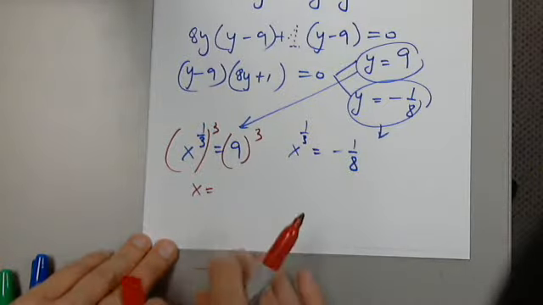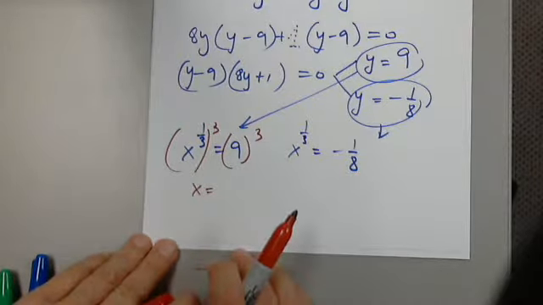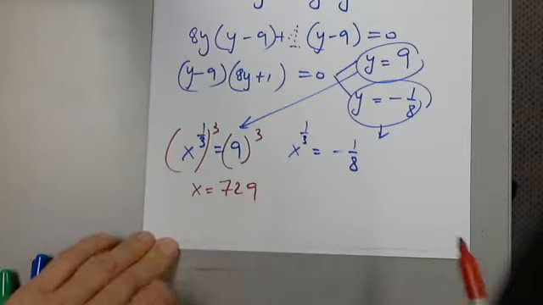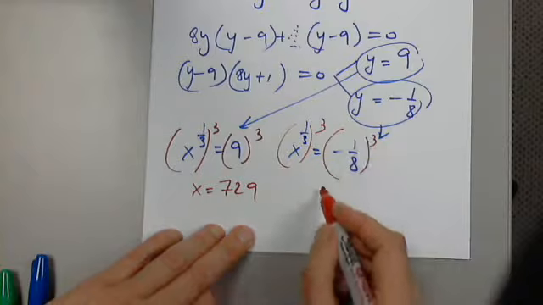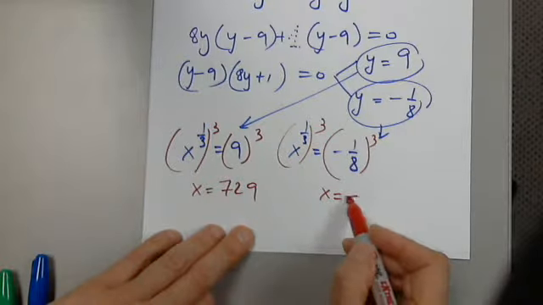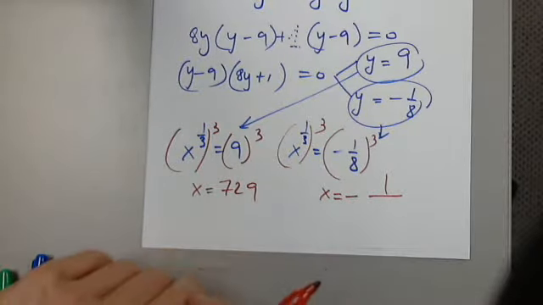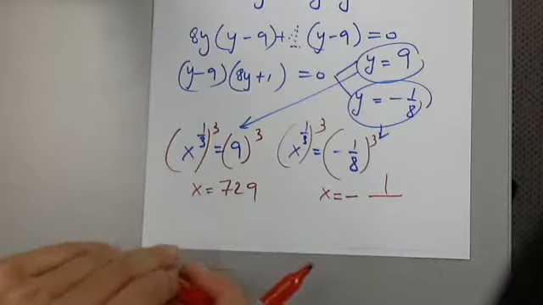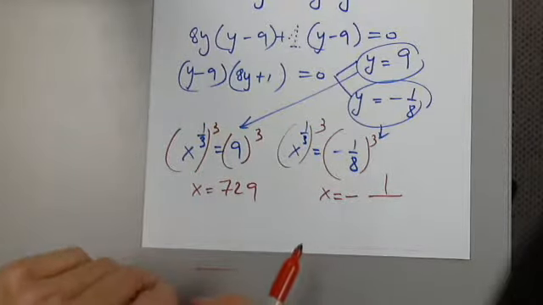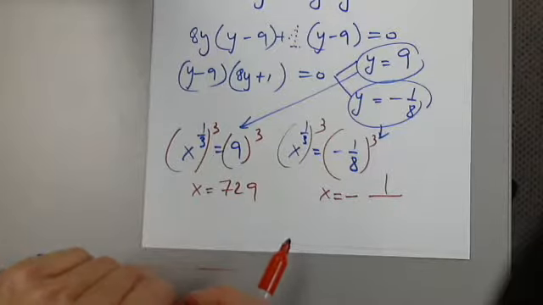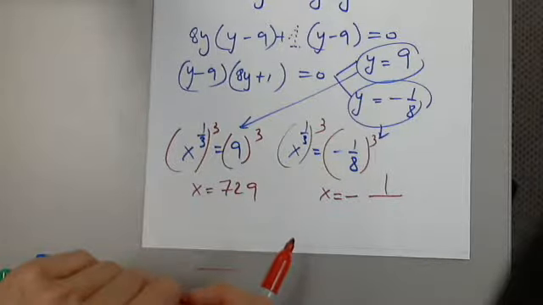So 9 times 9 is 81, 729. And I do the same thing here. So I get x equals, this one is negative, 1 over 64 times 8. Yeah, 512.